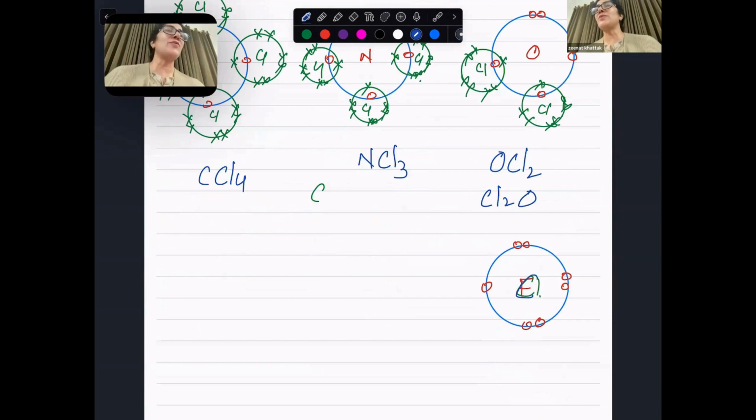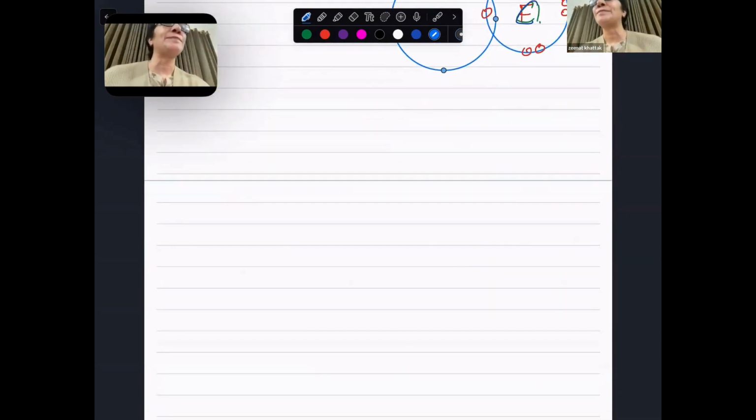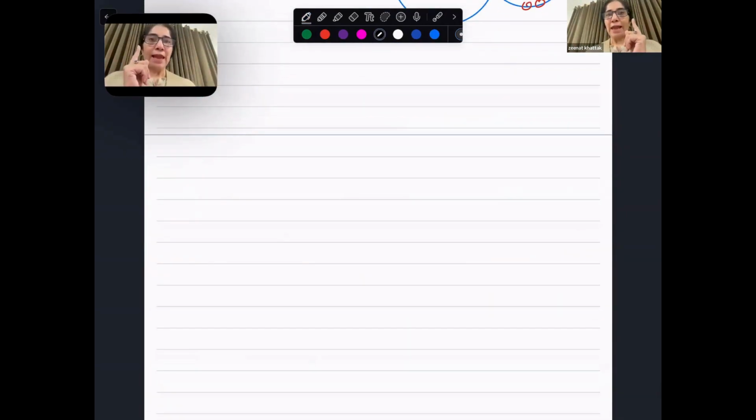And chlorine with another chlorine is definitely the same way. Wait a minute. If an element needs 1 in a covalent bond, it will share 1. If it needs 3, it shares 3. If it needs 2, it shares 2.